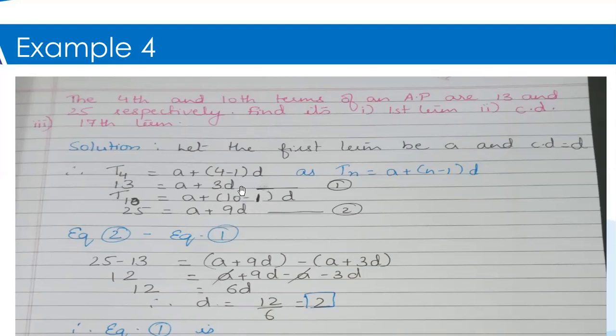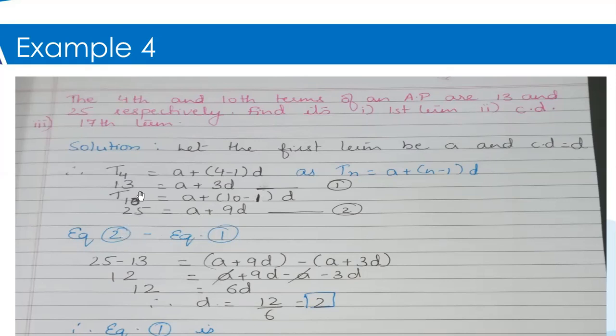Now I will just solve these two equations like simultaneous linear equations. You have done it in grade 9. In simultaneous linear equations, there are two variables x and y, and we solve both equations together and get the values of the variables. Here in place of x and y, the variables are a and d. So I have simply subtracted equation 1 from 2.